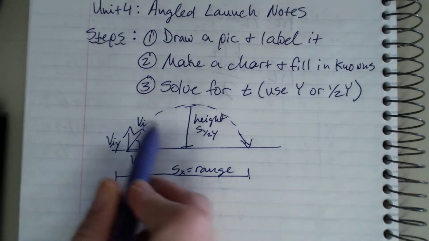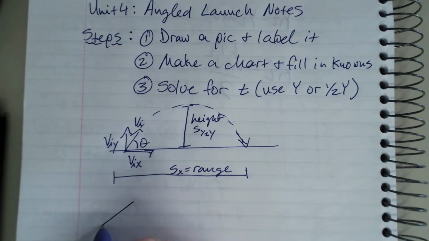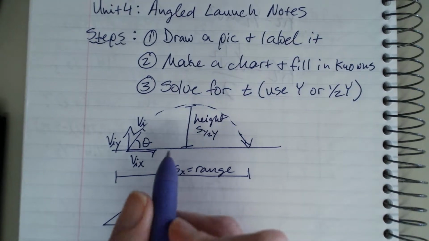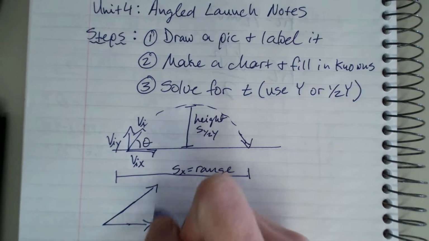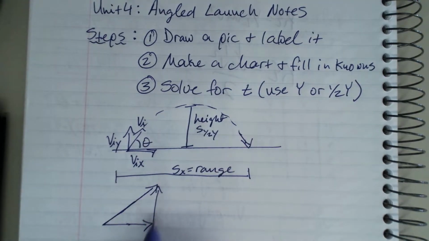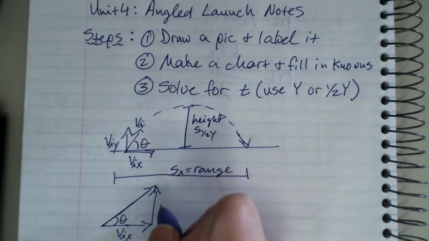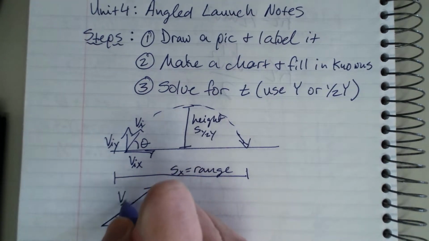Now, if we zoom in on just what's going on here, okay? If I move that little angle over here, right? Here's my angle theta. This is my VIX, the up one is my VIY, and the hypotenuse is my VI.